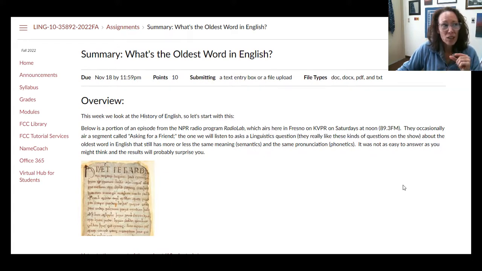And it does talk about this one specific question, but in answering it, they go through a lot of different aspects and angles of historical linguistics. They talk to a lot of different experts, a lot of different historical linguists, and it's just really interesting. And then the answer itself is pretty interesting.